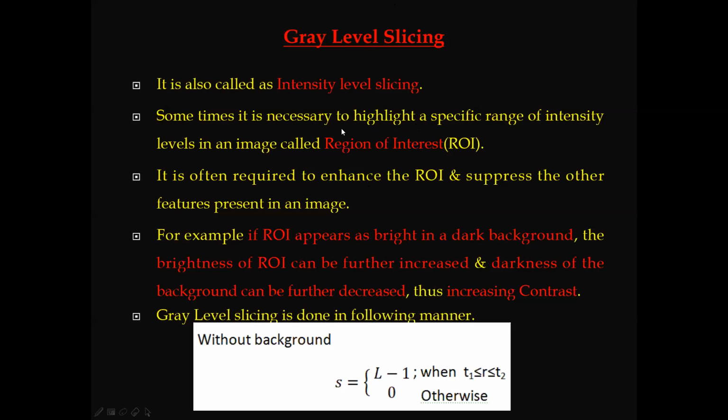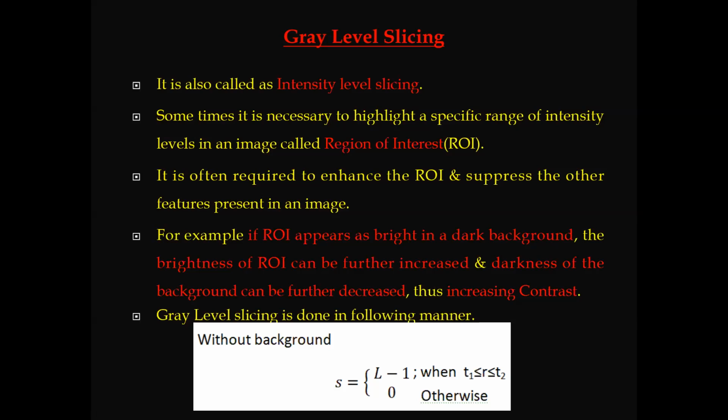Sometimes it is necessary to highlight a specific range of intensity levels. When we highlight a specific range of intensity levels, we can call it a region of interest. It is often required to enhance the region of interest (ROI) and suppress the other features present in the image.